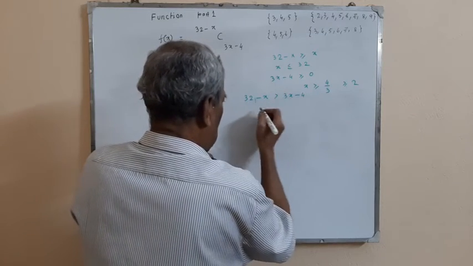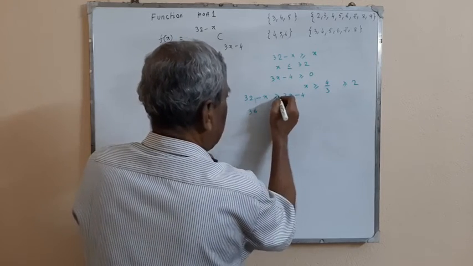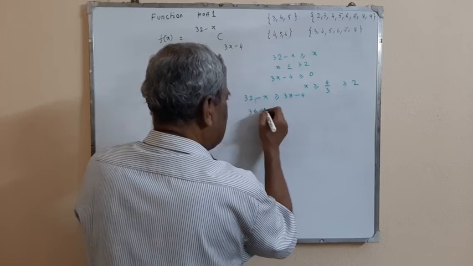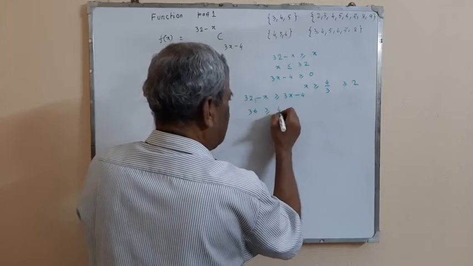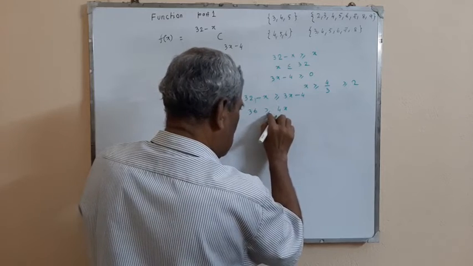That is, 36 is greater than or equal to 4x, that is, x is less than or equal to 9.